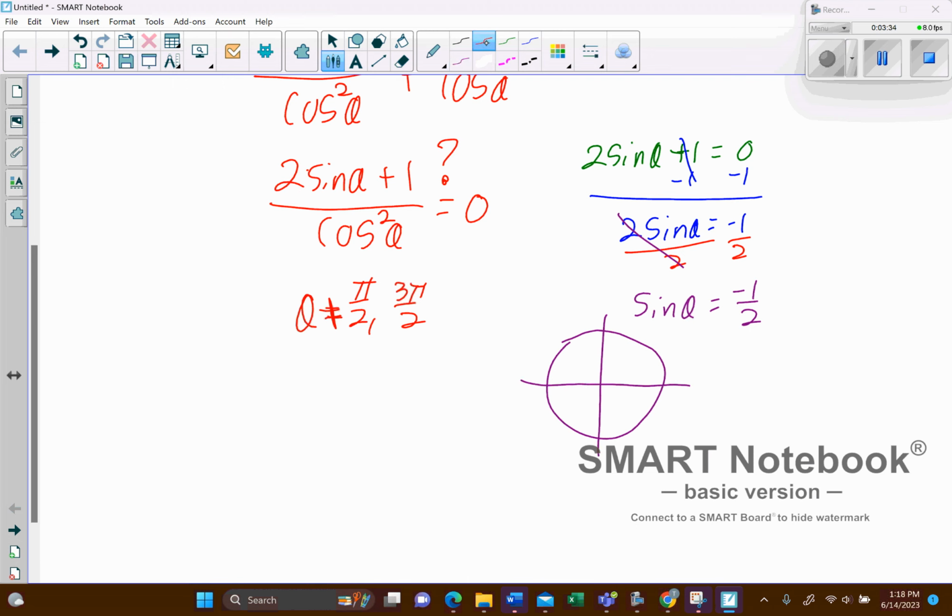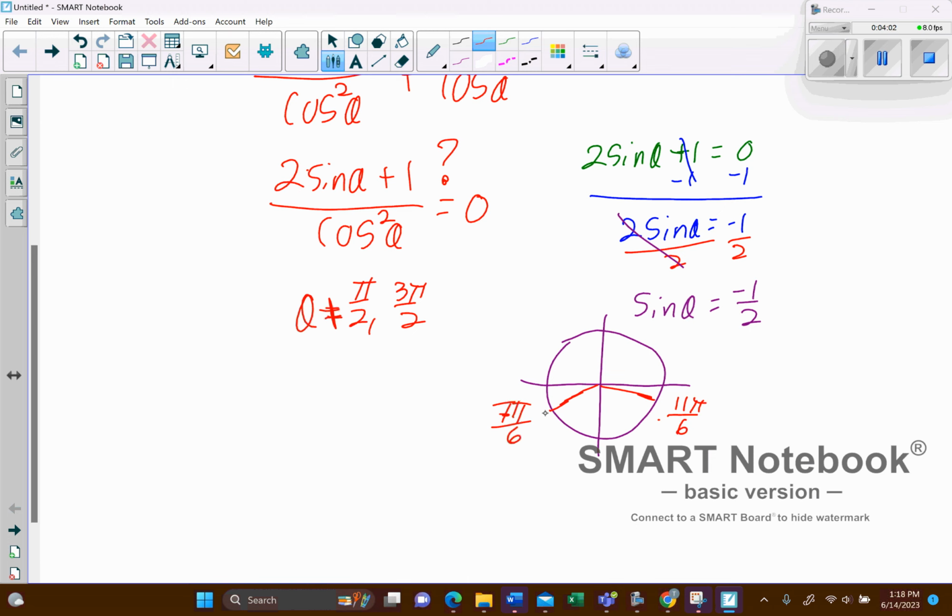Sine is synonymous with my y value, so it's going to be down in these parts right here. I believe this would be 7 pi over 6, and this would be 11 pi over 6.